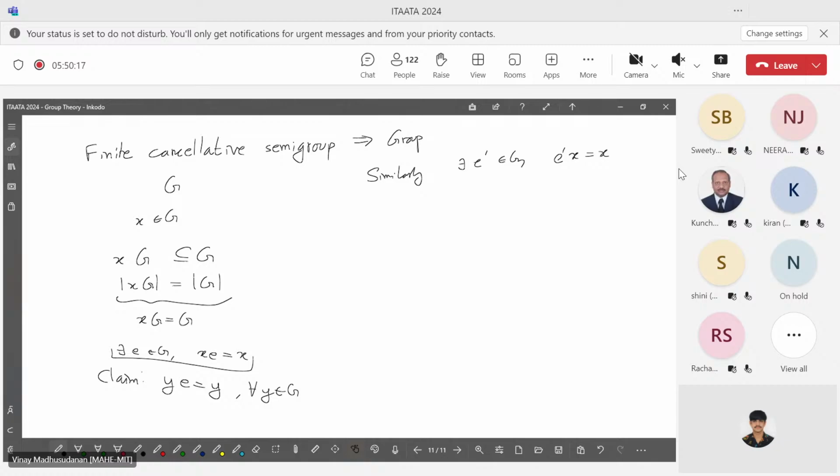Then what? Are you showing that E prime is equal to E?